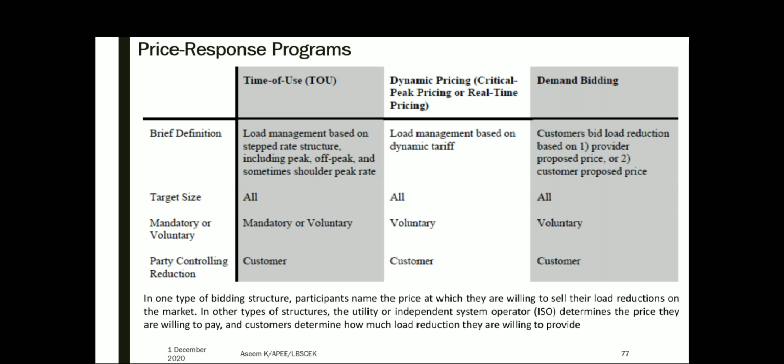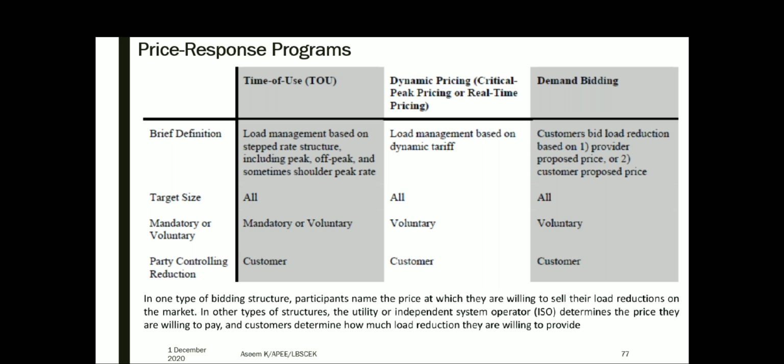And price response programs, you can see that by giving different kinds of price tariff, different types of tariff structure, they can motivate customers to reduce the demand. They can implement time of use, load management based upon stepped rate structure, including peak, off peak, and shoulder peak rate.